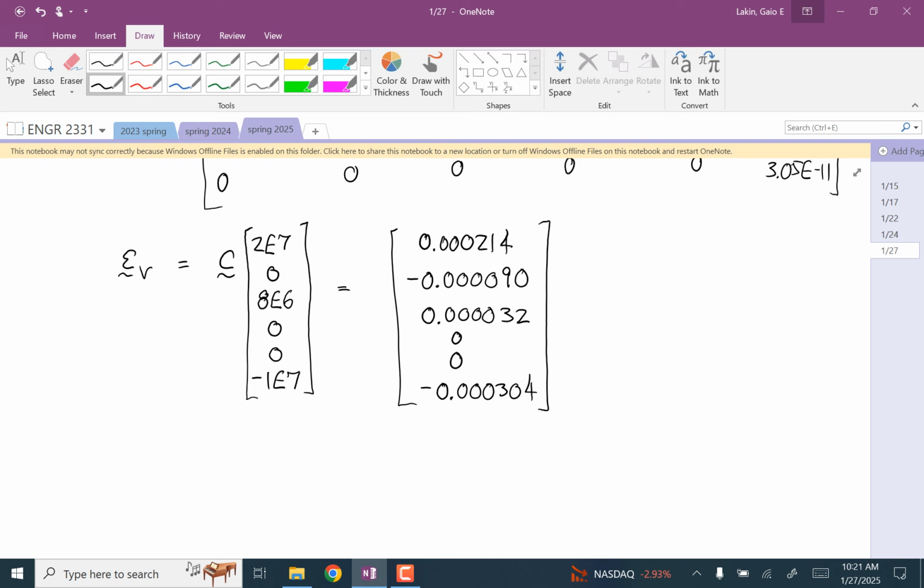Okay, so let's think about what these values mean. Along the x-axis, is this thing stretching or contracting? Stretching. Yep.